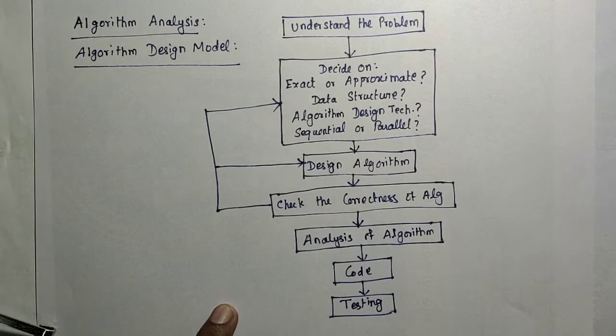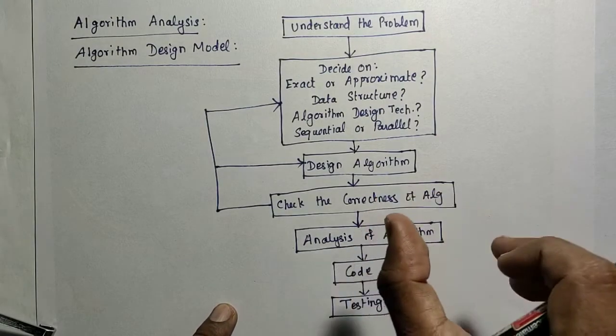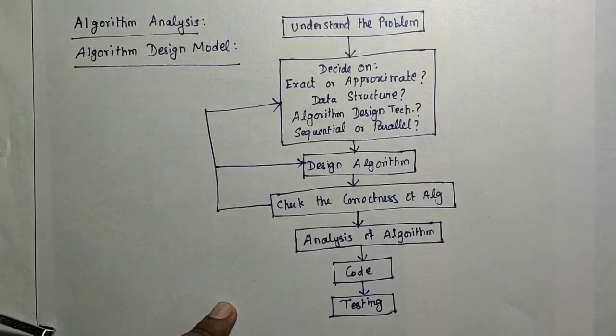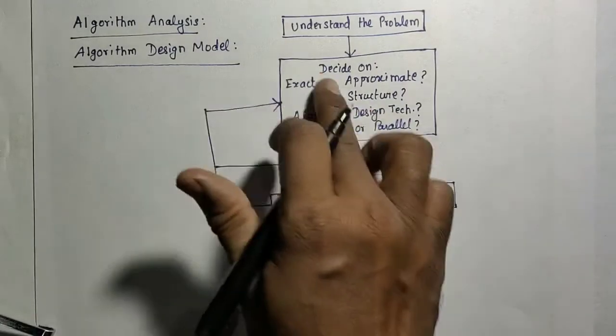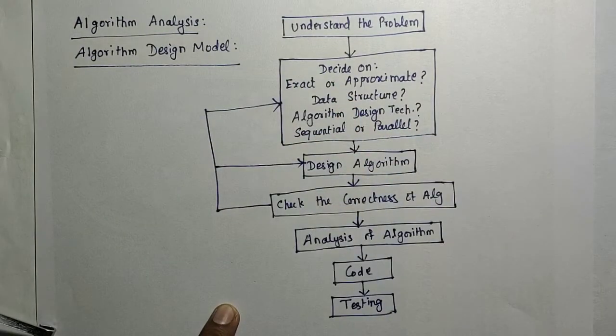So here correctness means the correctness of the output result. That is the main thing. If the output itself is wrong, you should again go back and design the algorithm, or decide on data structure and algorithm design techniques and so on. Again we have to reconsider the algorithm.